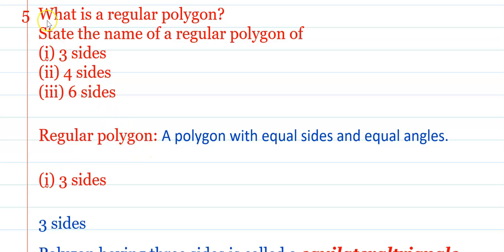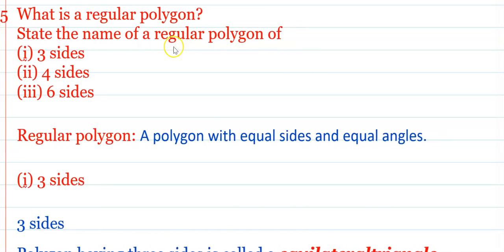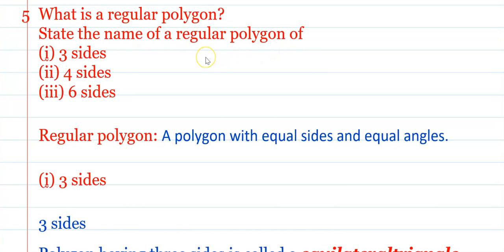Now the next question is, what is a regular polygon? State the name of a regular polygon having 3 sides, 4 sides and 6 sides. Now answer. Regular polygon means what? A polygon with equal sides and equal angles is called the regular polygon. Now first, name of the regular polygon having 3 sides.